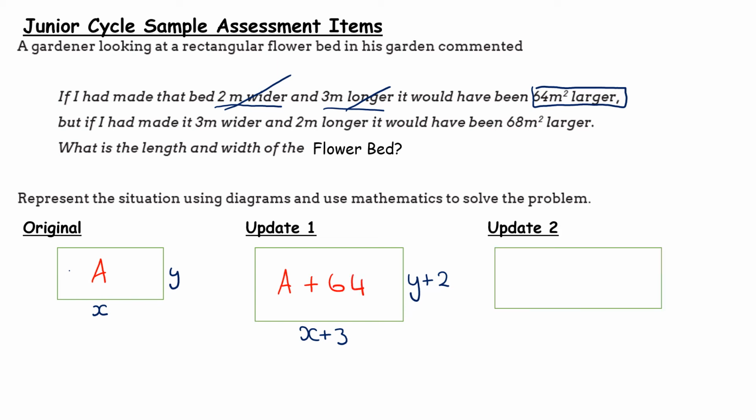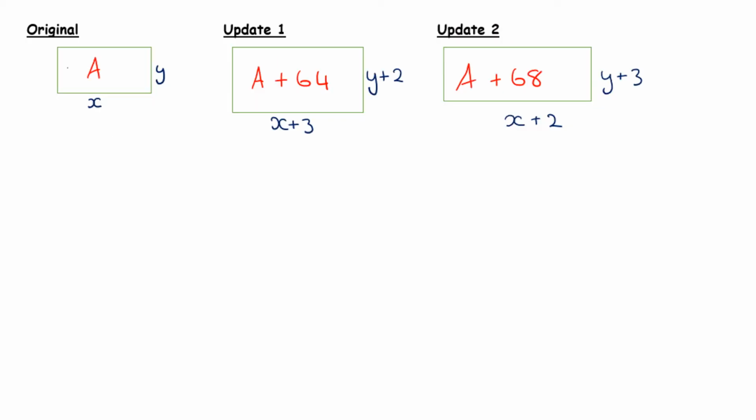The second update is the opposite. So it's made wider by 3 meters and then longer by 2 meters. And that's going to be the original area plus 68. So this gives us a sense of what we have. So in our original, we have x multiplied by y equals the area.